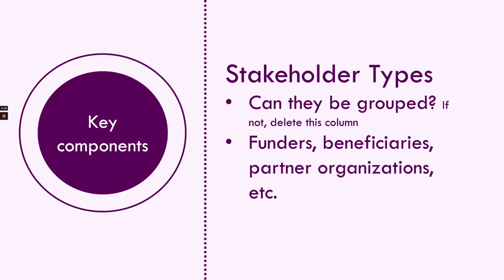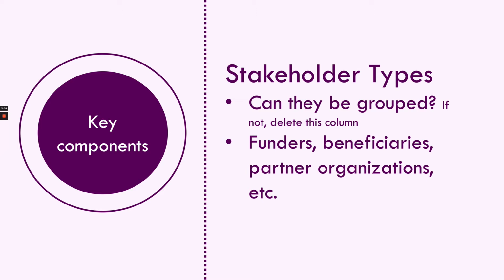So for our key components, the first one is the stakeholder type. If they can be grouped, go ahead and group them. If not, delete the column. The beauty of working within a template is that you can adjust it as needed and make it fit your context. So some of the common stakeholder types that I might put into this column are things like groups of funders, groups of beneficiaries, or participants in the initiative that you're looking at.